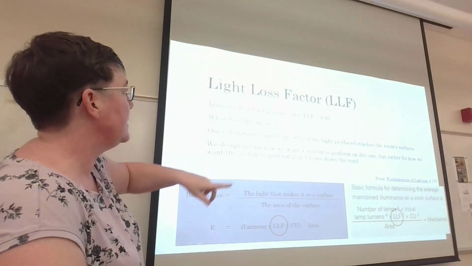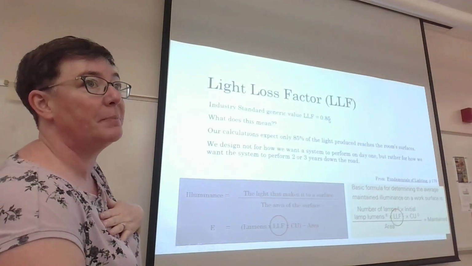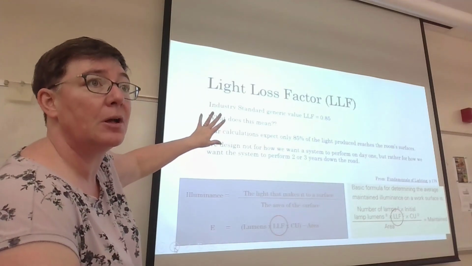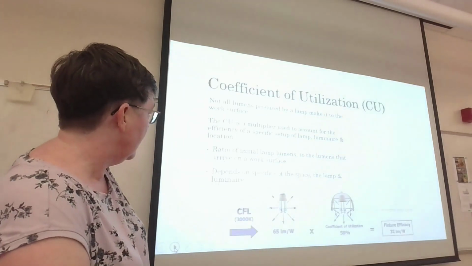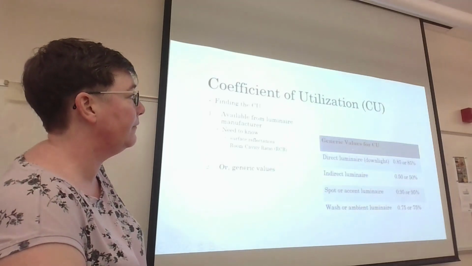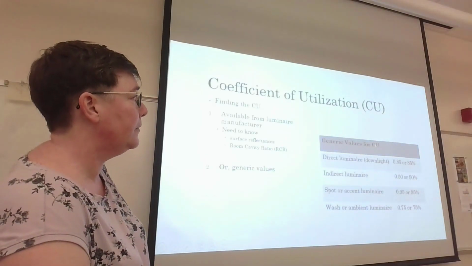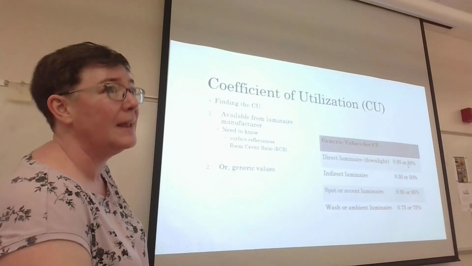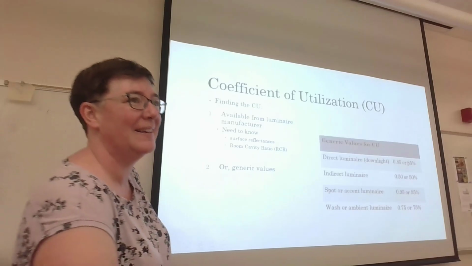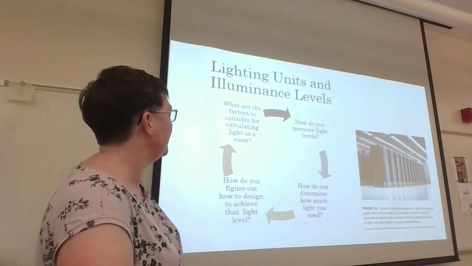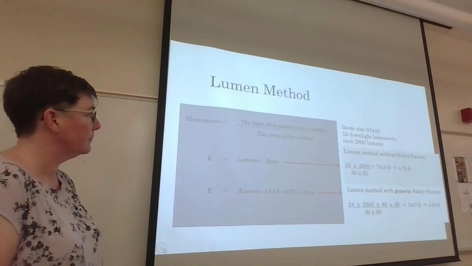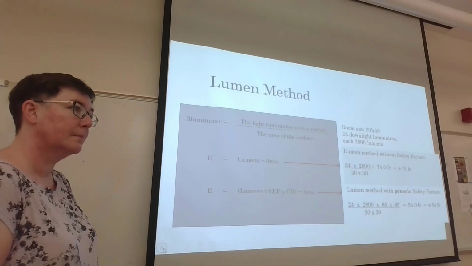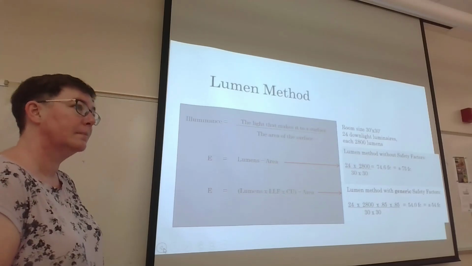We had a generic light loss factor of 85%. And you're just going to use that for pretty much all of these. And you had a generic value for the CU, and we told you that it was a downlight. Therefore, it's 85%. It looks like the same thing twice, right? But the safety factor, second one, brings it down to 54.